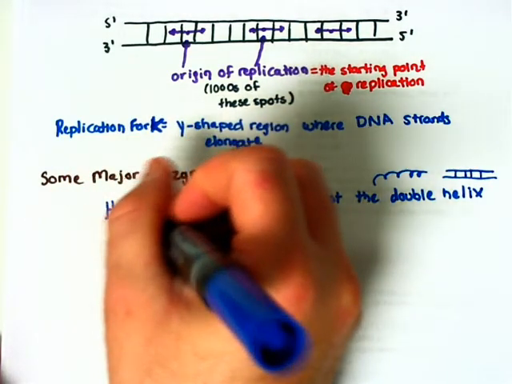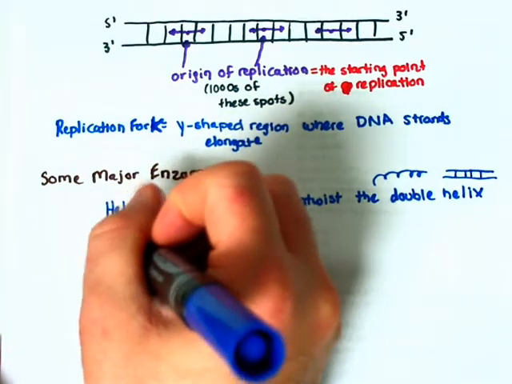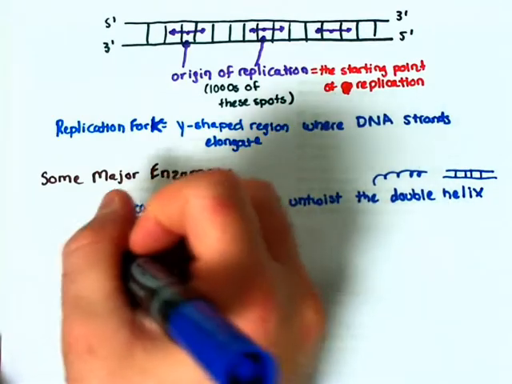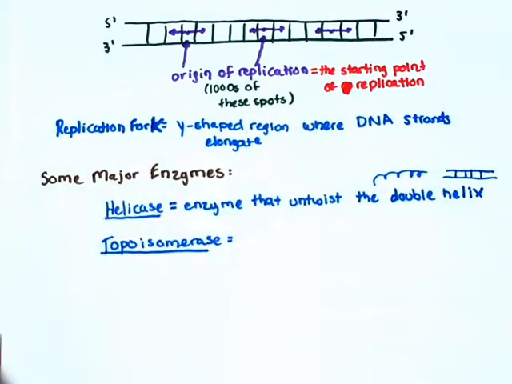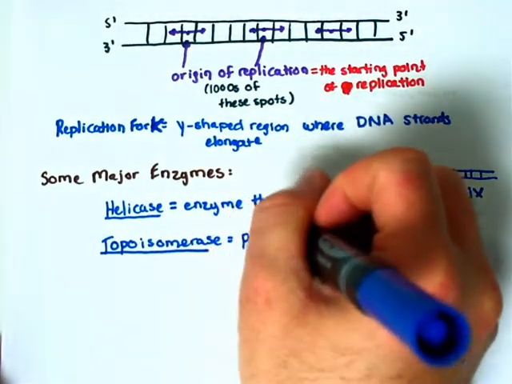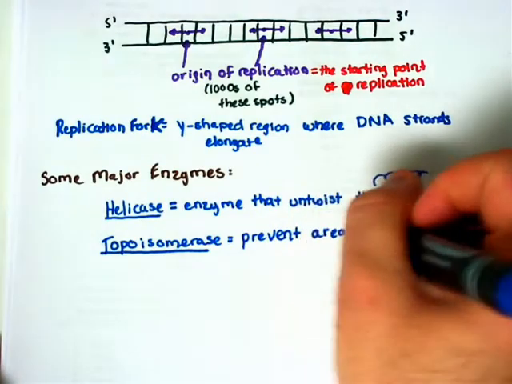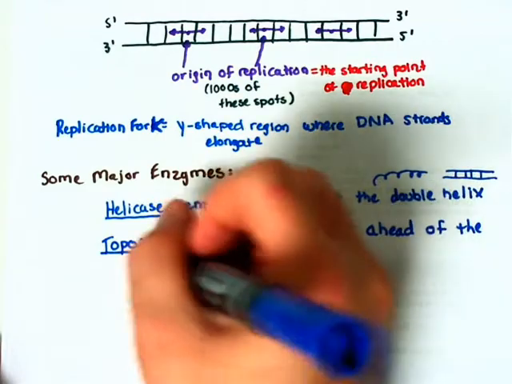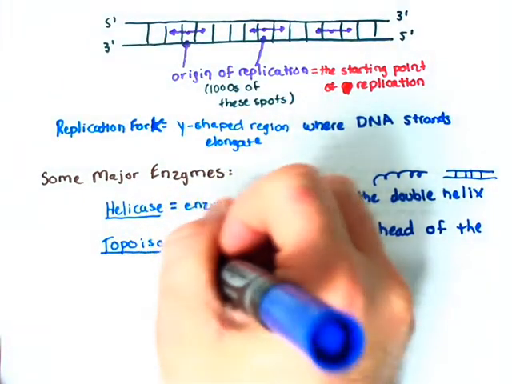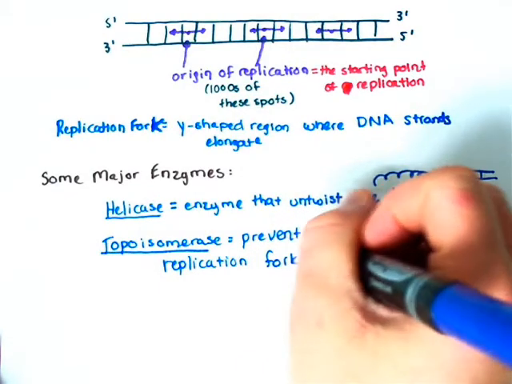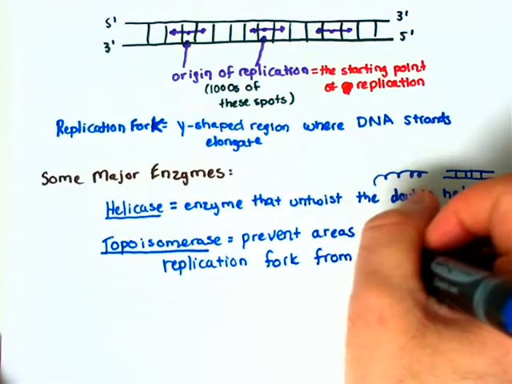There's also another enzyme called topoisomerase. They prevent areas ahead of the replication fork from overwinding.